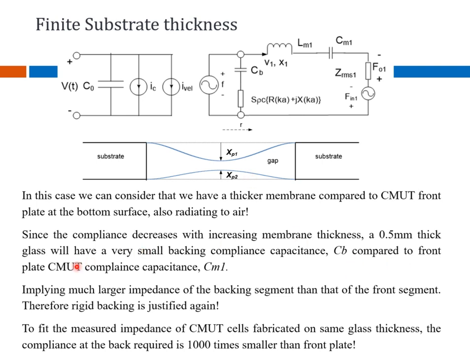So CB compared to the front CMUT plate capacitance CM1 is very small. Okay, so implying much larger impedance of the backing segment than that of the front segment, rigid backing is justified again, which means that you still have a very large capacitive reactance, or you have a very large backing impedance.